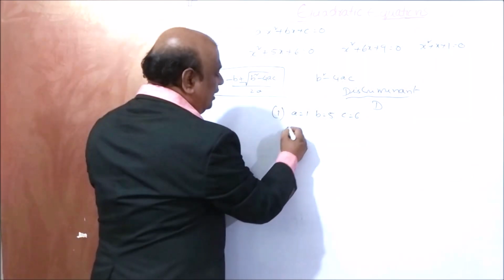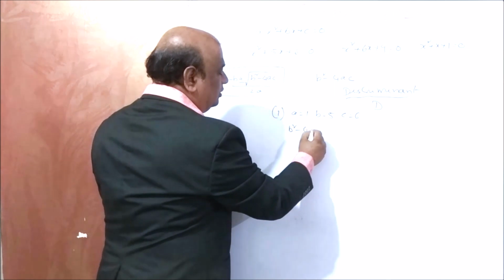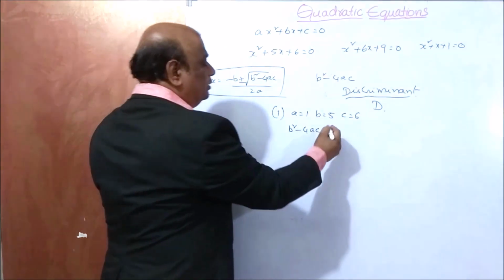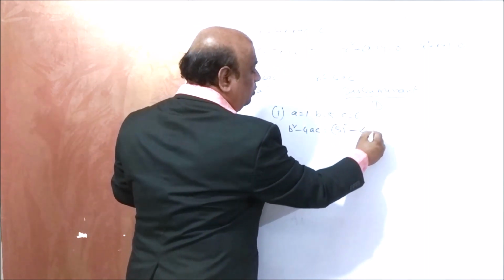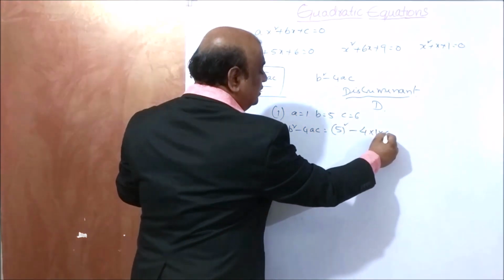Find b square minus 4ac. That is 5 square minus 4 into 1 into 6.